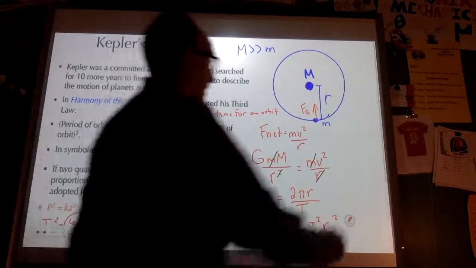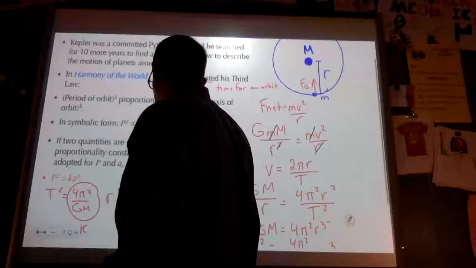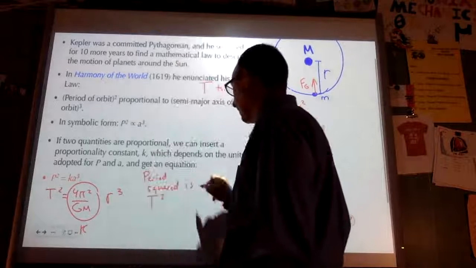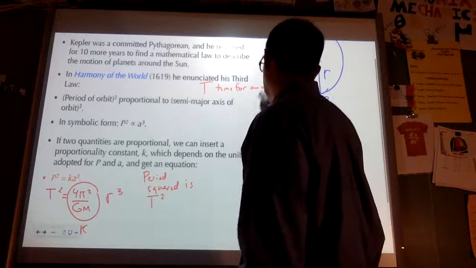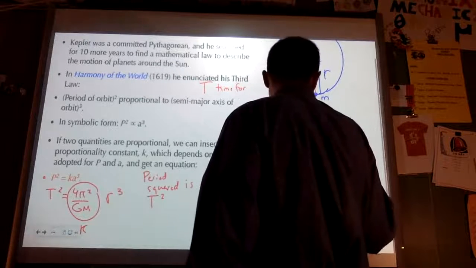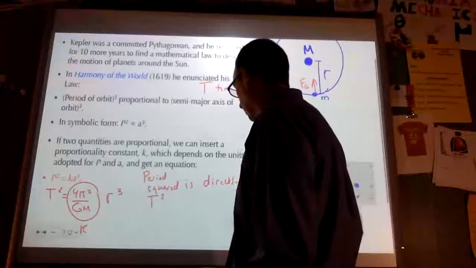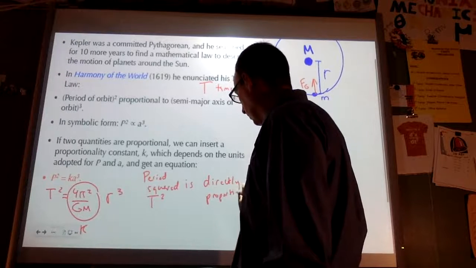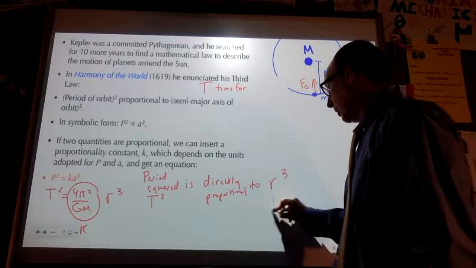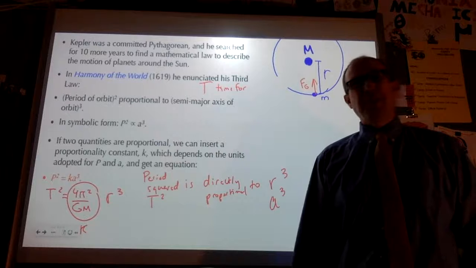And this led Newton to this idea. So what's important to us is that the period squared is directly proportional to the radius cubed, or the semi-major axis cubed if we're talking about ellipses, which they don't really have you talk about.